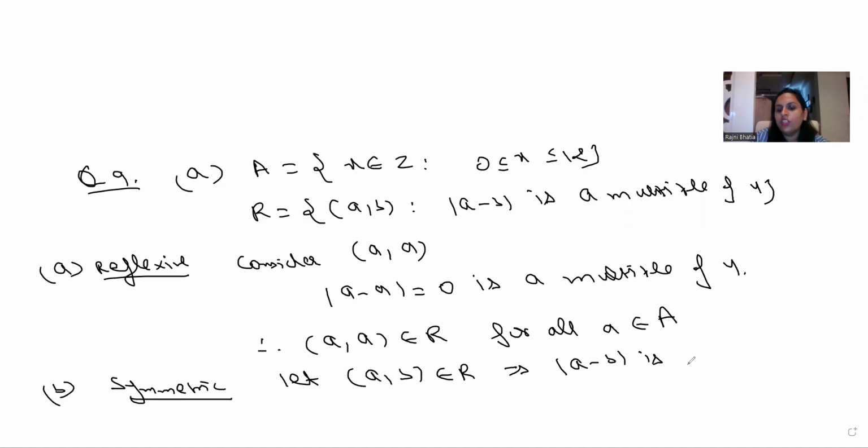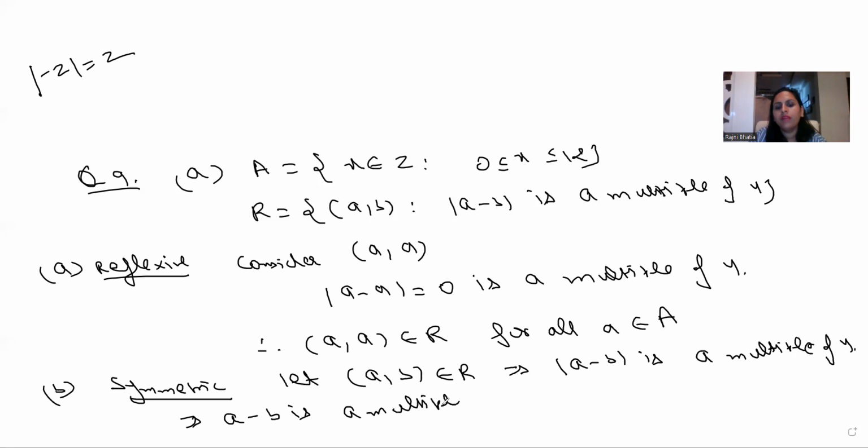This implies modulus of a minus b is a multiple of 4. अगर एक नंबर का मॉड्यूलस 4 का मल्टीपल है, मॉड्यूलस क्या होता है, आई रिपीट, जैसे मॉड्यूलस ऑफ -2 होता है 2, तो अगर एक नंबर का मॉड्यूलस मल्टीपल ऑफ 4 है तो वो नंबर भी मल्टीपल ऑफ 4 है. This implies a minus b is a multiple of 4. And if a number is a multiple of 4, like 16 is a multiple of 4, then its negative, -16, is also a multiple of 4.